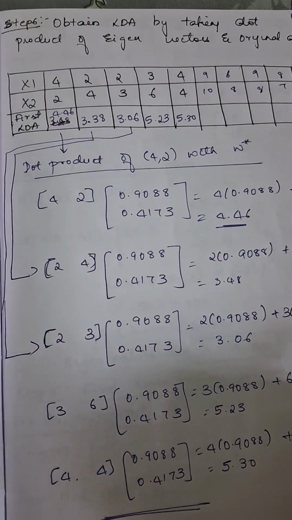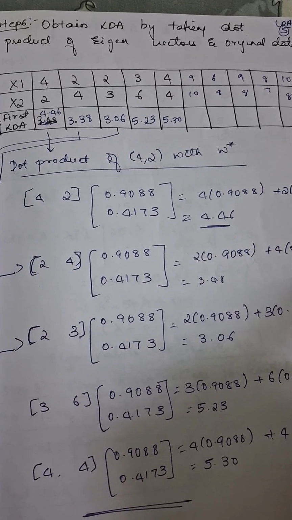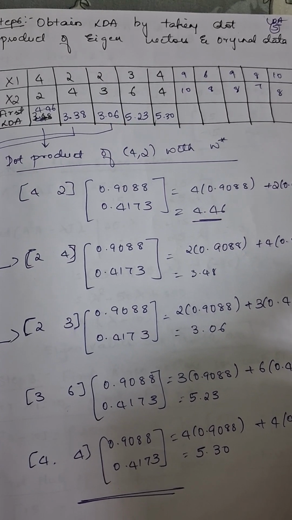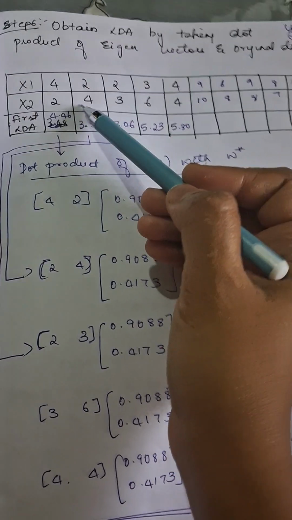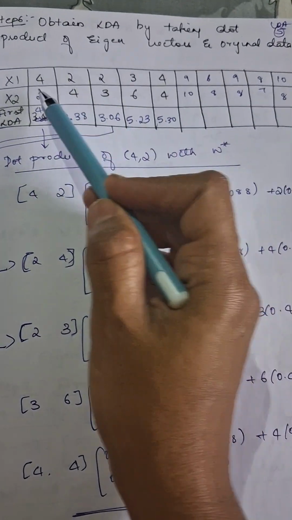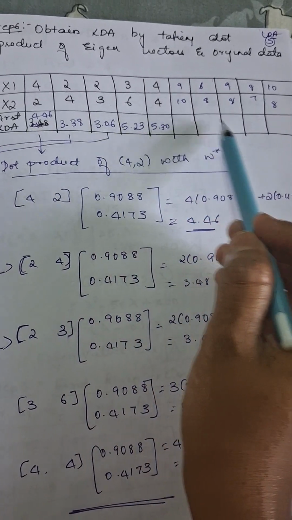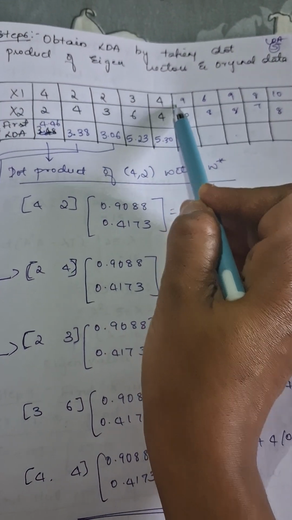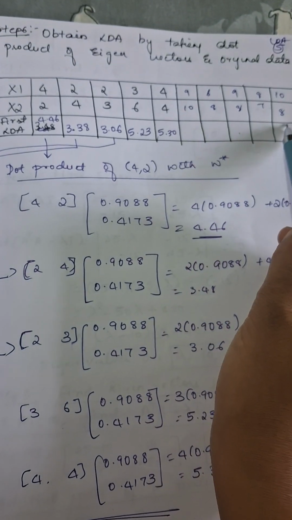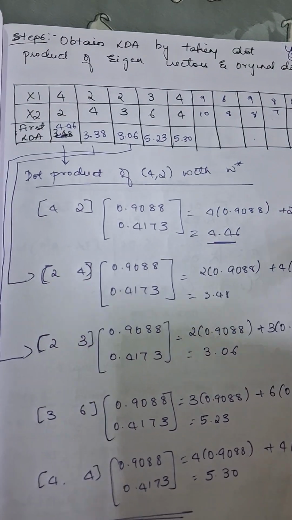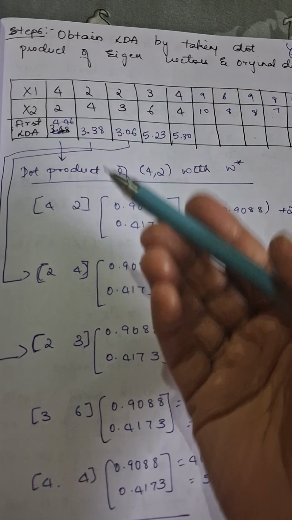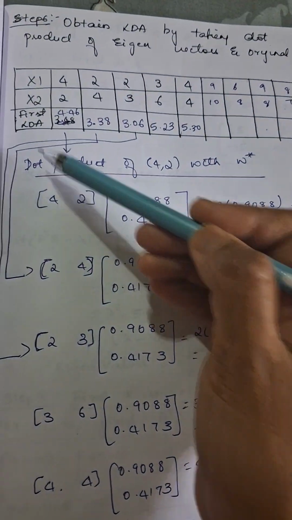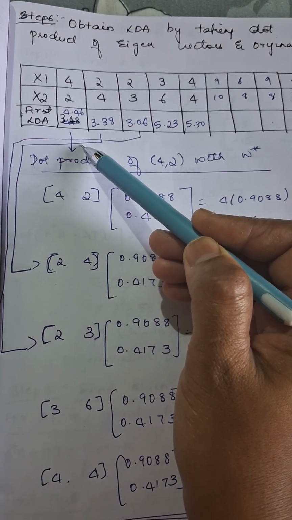Now let's do the last step. In the last step, you obtain LDA by taking the dot product of the eigenvectors and the original data. See, these are our data points. This is x1 and this is x2. This until here is class 1, and from here I have class 2. So for each one I have to find the LDA.